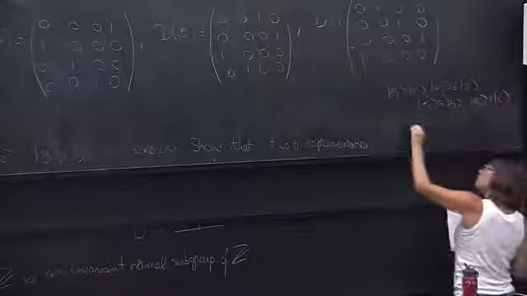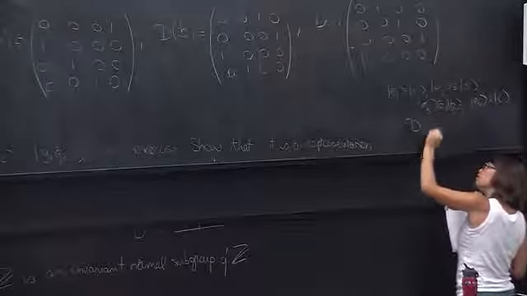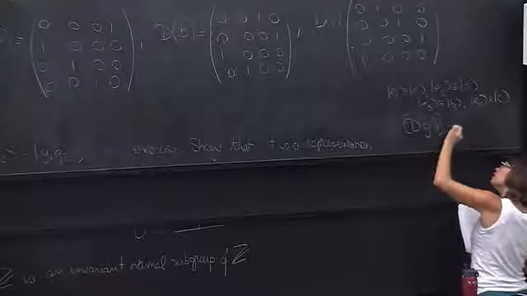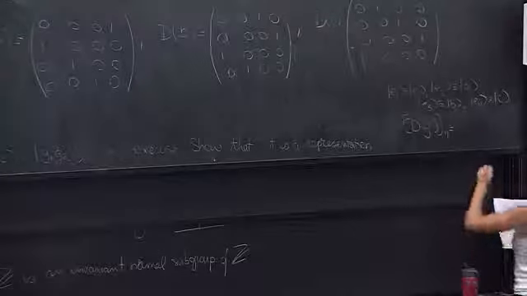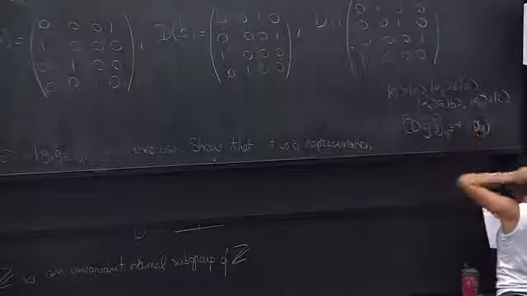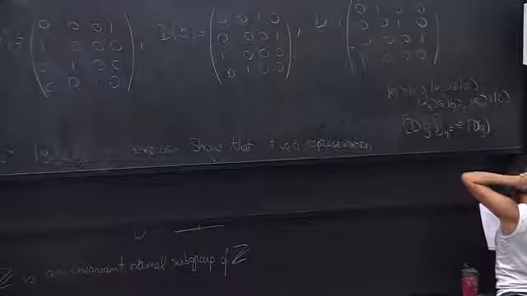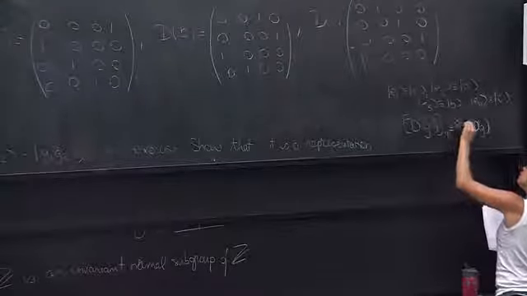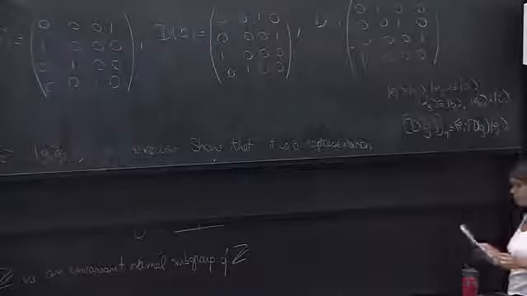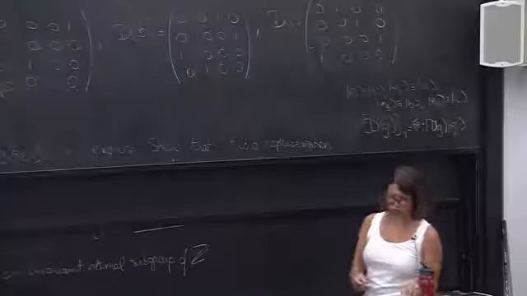Then you just get that the matrix elements are given by this. And this is what is called the regular representation.